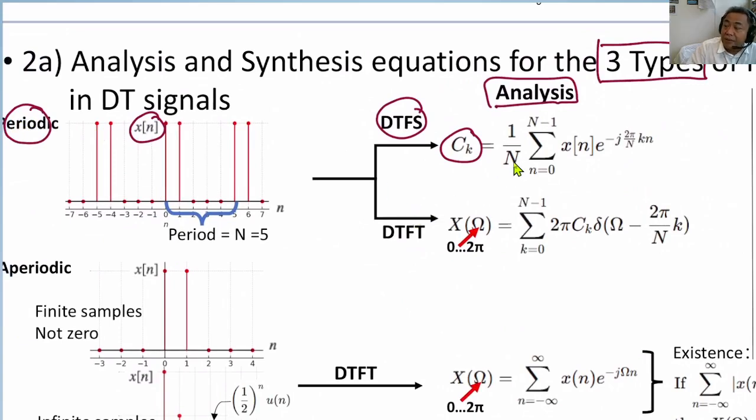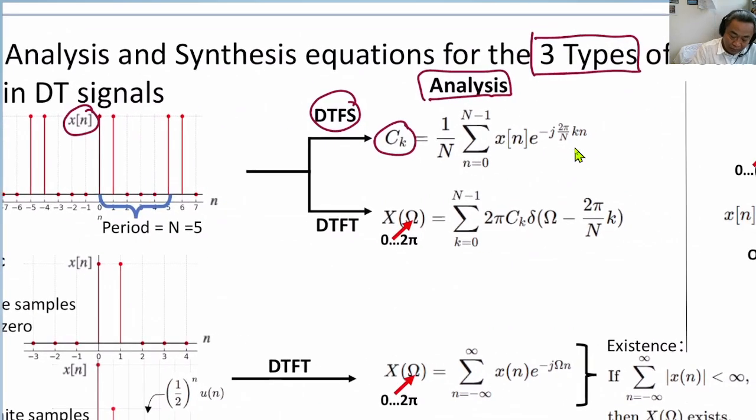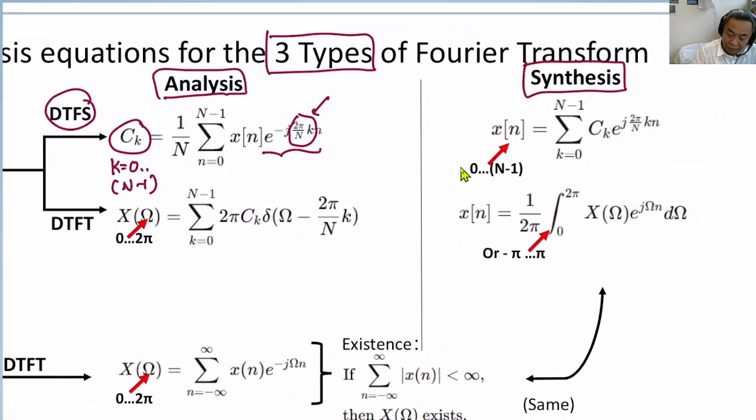So the genius of Fourier basically says that given any xn that is periodic with n samples, we only need to use k equals 0 to n minus 1. We only need to use n frequencies of complex exponential to reconstruct it. So that's the genius of Fourier.